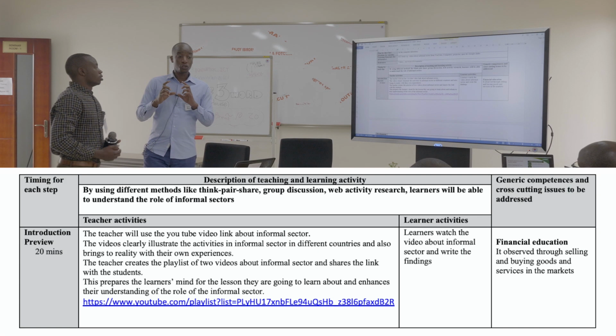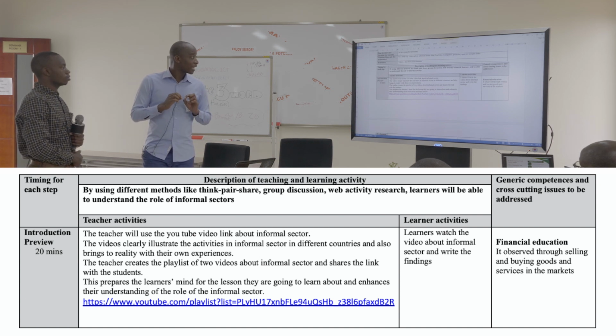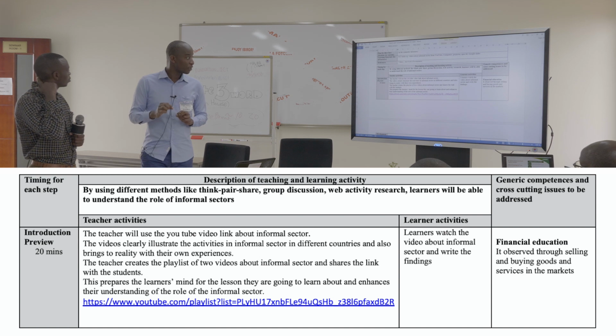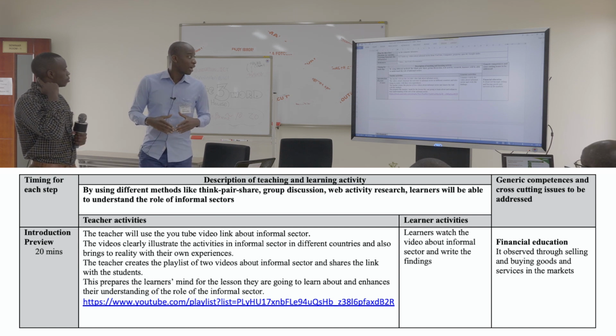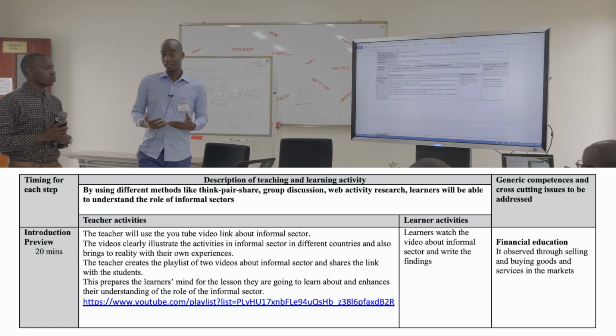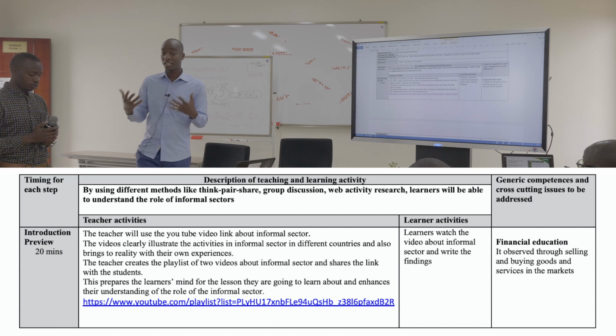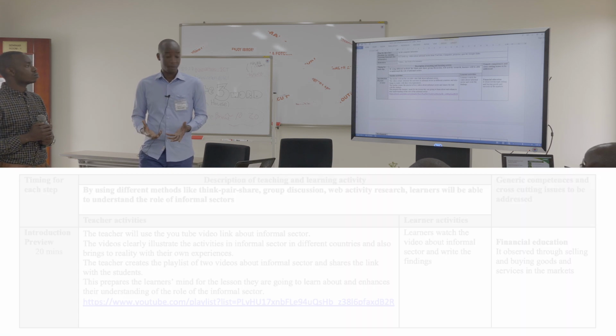This YouTube video, which we got, clearly illustrates the activities in the informal sector in different countries and also brings the reality related to learners in their own experiences. Things which they know, things which they have been experiencing in different areas. So this is what the video is bringing to them.